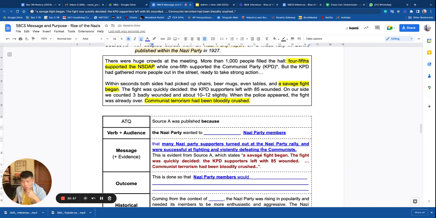Sorry, I did say that I was going to use the message from before, but I think this message would make a lot more sense. You will see why. So in this case, the message I want is that all the supporters came. There was a fight, and terrorism was badly crushed.